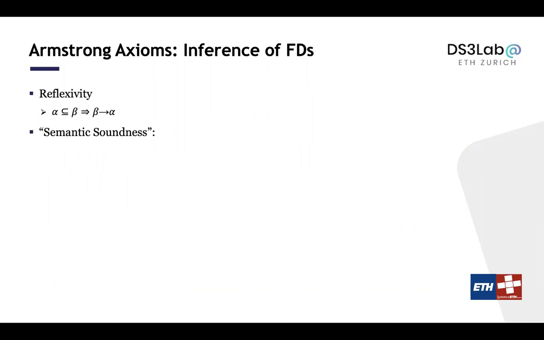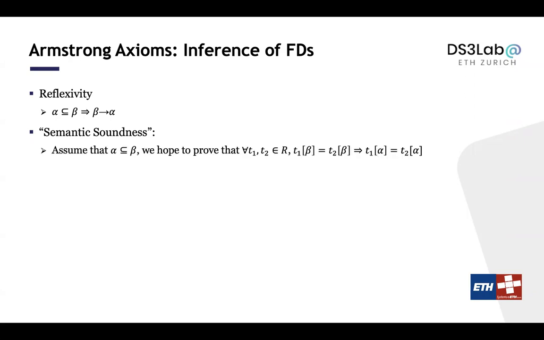Let's look at why this axiom makes sense. Why does this give us something that is semantically sound? That is, if I infer a functional dependency using this axiom, why would that give me something that can be semantically implied?